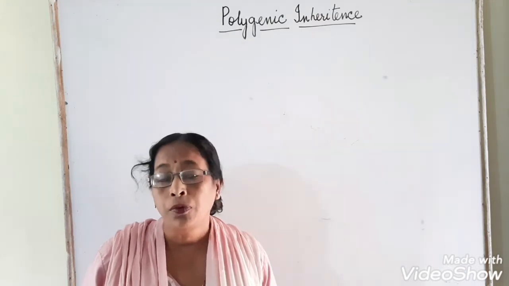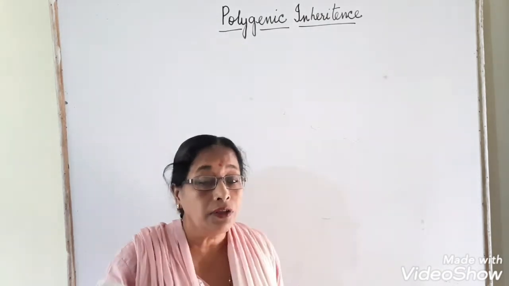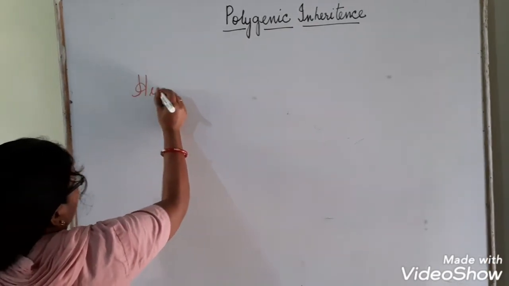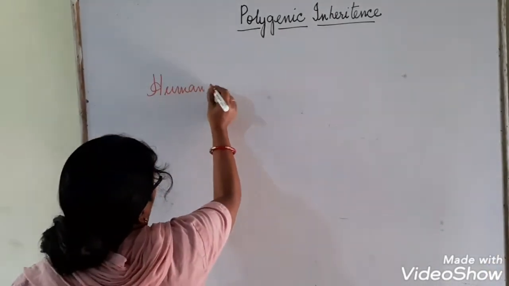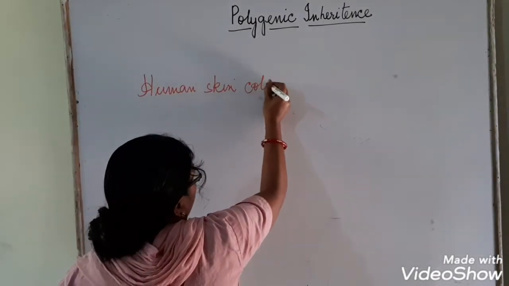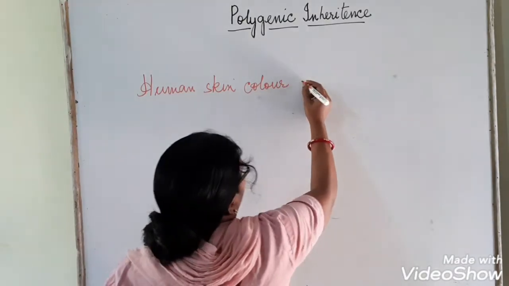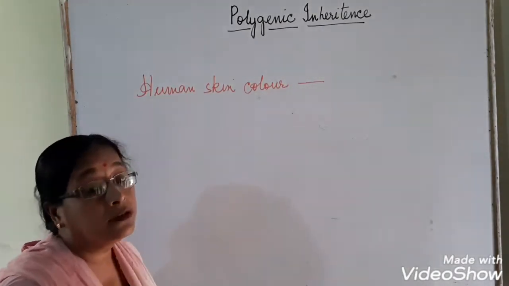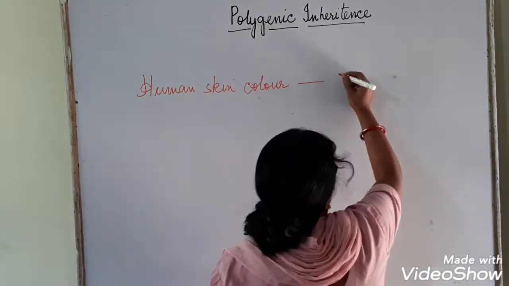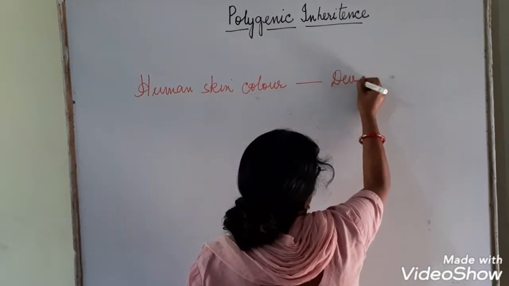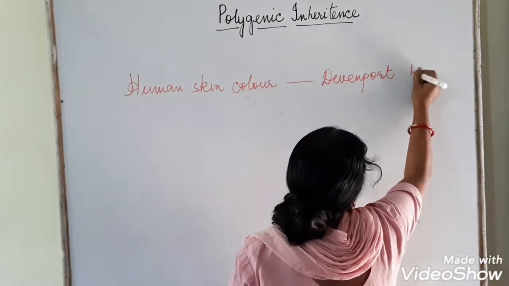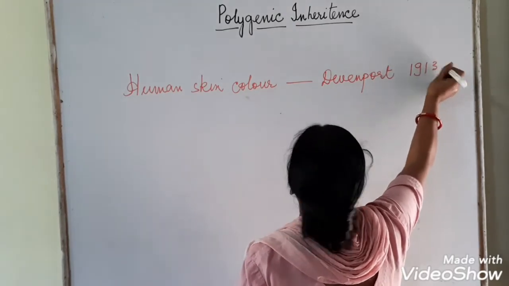Now, to understand polygenic inheritance, let us take the example of human skin color. This is a classic example of polygenic inheritance. It was reported by Davenport in the year 1913.